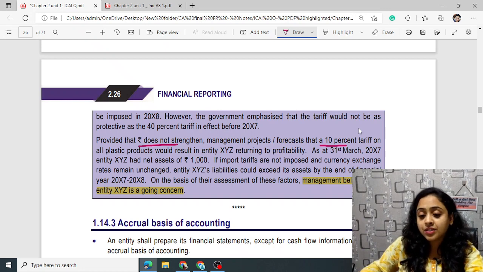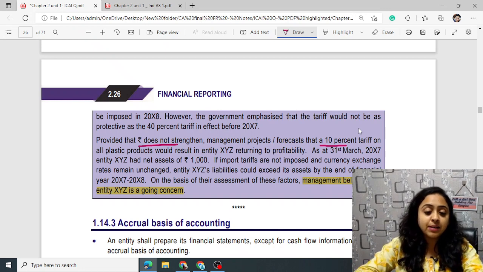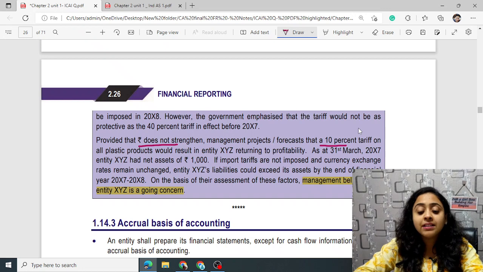As at 31st March 2007, entity XYZ had net assets of rupees 1000. If import tariffs are not imposed and currency exchange rates remain unchanged, entity XYZ's liabilities could exceed its assets by the end of financial year 2007-2008, on the basis of their assessment of these factors.